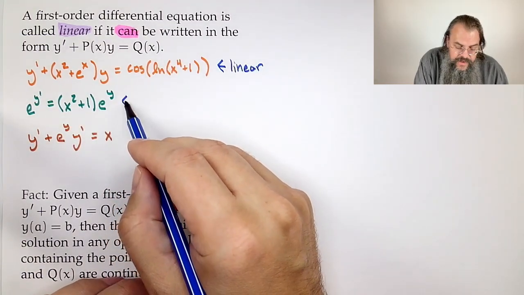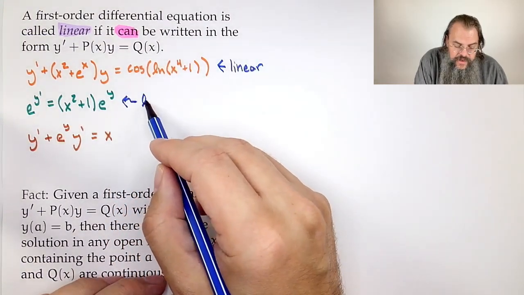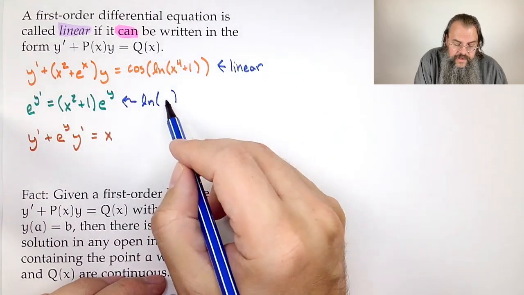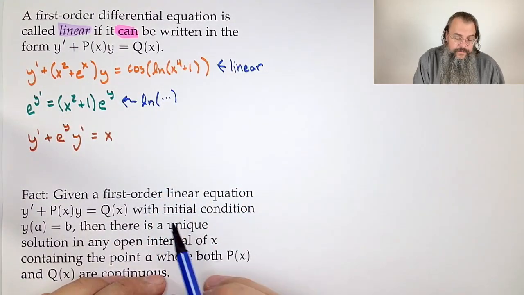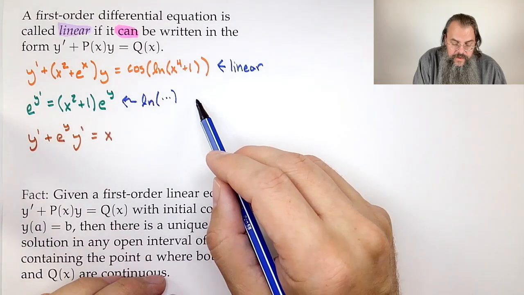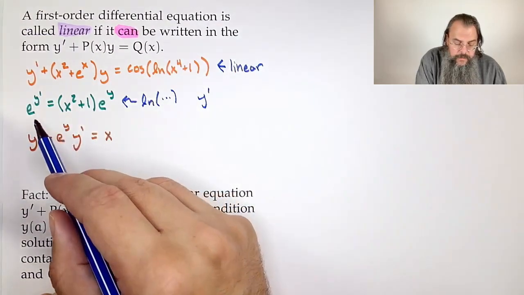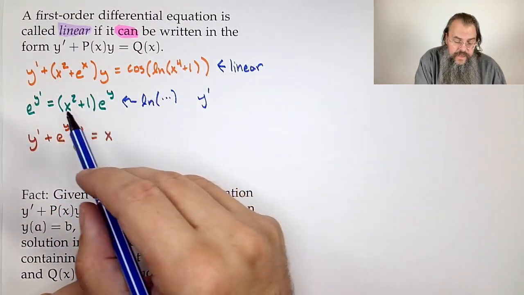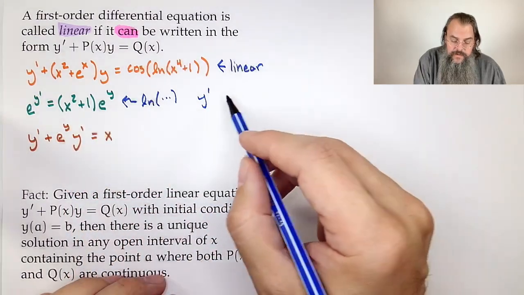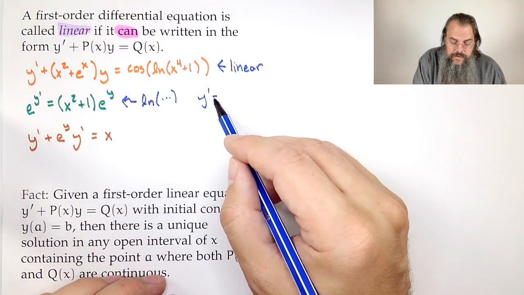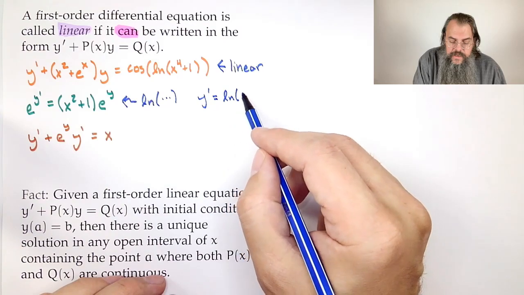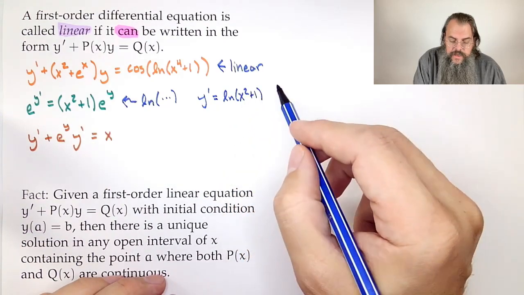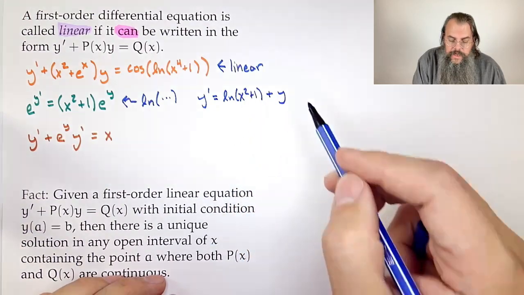There's something we can do, which is take the natural log of both sides. And if we do natural log of both sides, what do we have? Well, y prime will be on the left-hand side, and remember, product becomes addition. So that'll equal log of x squared plus 1 plus y.